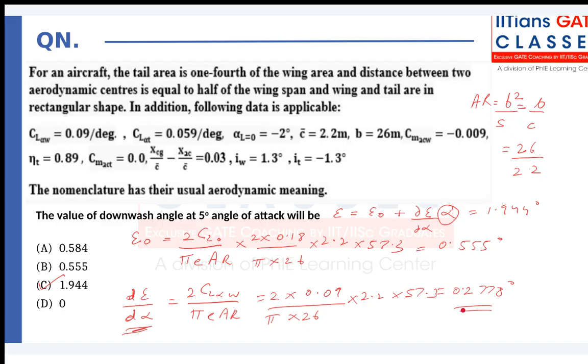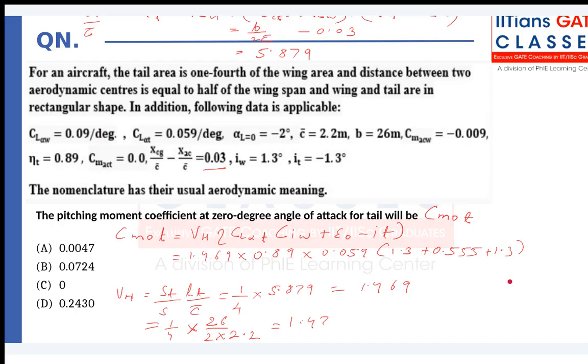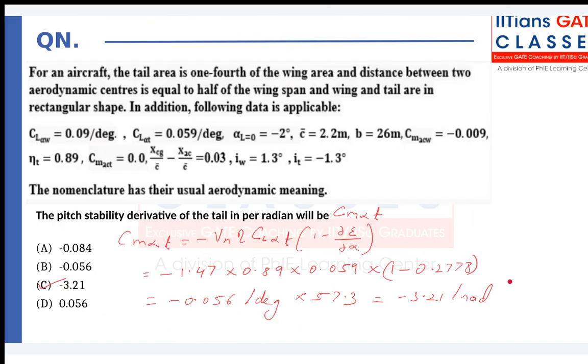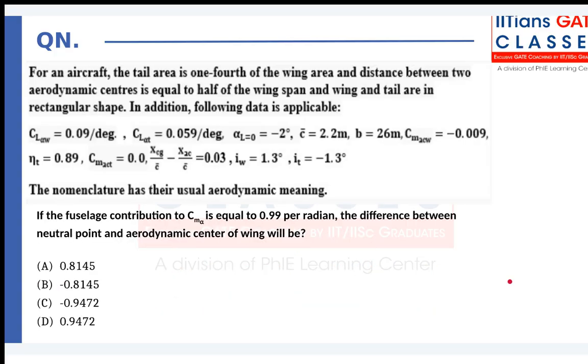That is a slope, so it has no units. We had solved it using radians, so it does not have a unit. This should not be degrees, it's a slope. All right, let's go to the next question.